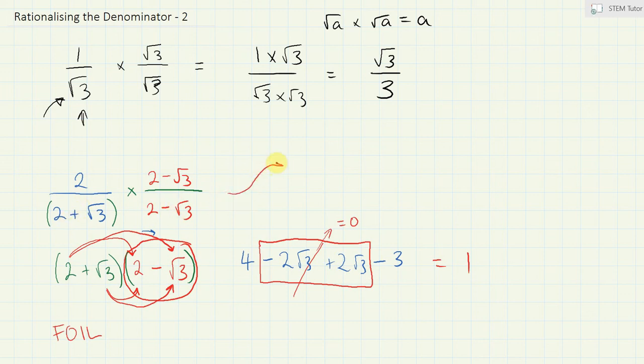So if I write this out up here, following our laws of multiplying across fractions, the numerator of the new fraction would be 2 root 3, all over 2 plus root 3, multiplied by 2 minus root 3.